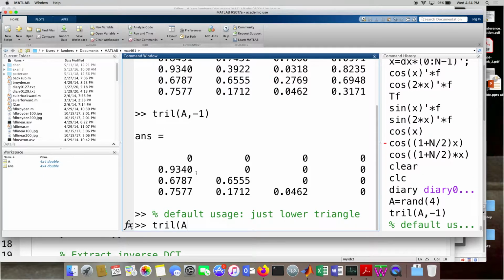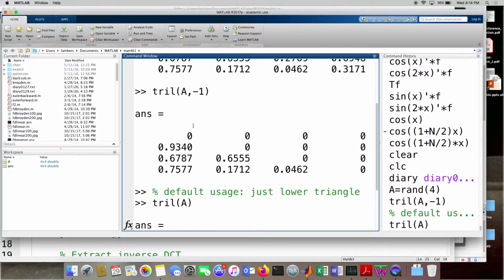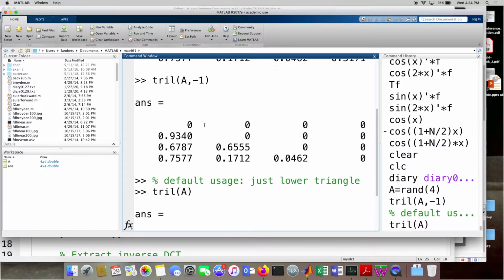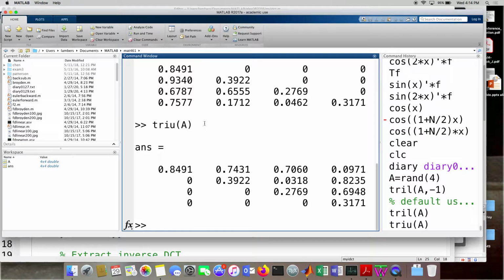Okay, so tril A with one argument just takes everything that's on or below the main diagonal and retains that, zeros everything else. Whereas if I specify a second argument, it will keep everything from that diagonal on down. Whereas if I do triu of A, again, the simplest usage keeps the upper triangle.